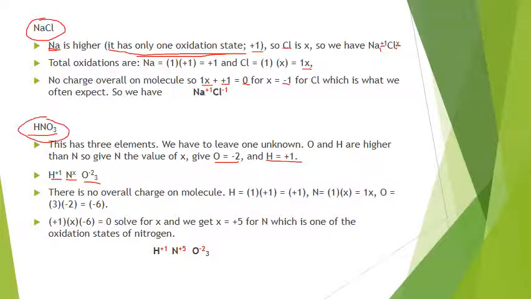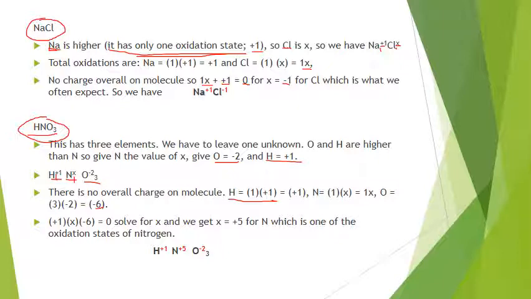So hydrogen is 1 times +1, which is +1. Nitrogen is 1 times X, or 1x, and oxygen is 3 times -2, or -6.